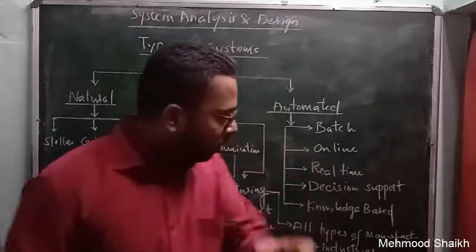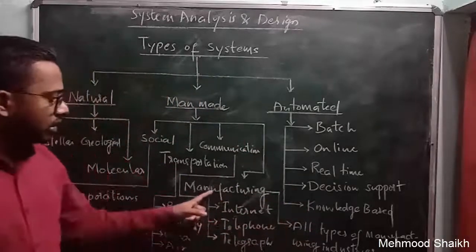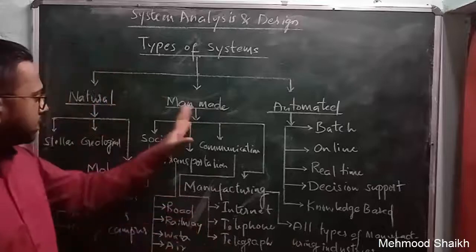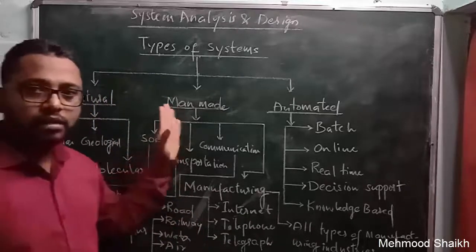So all various types of manufacturing plants come under the manufacturing system. These are the categories and examples which belong to man-made systems.